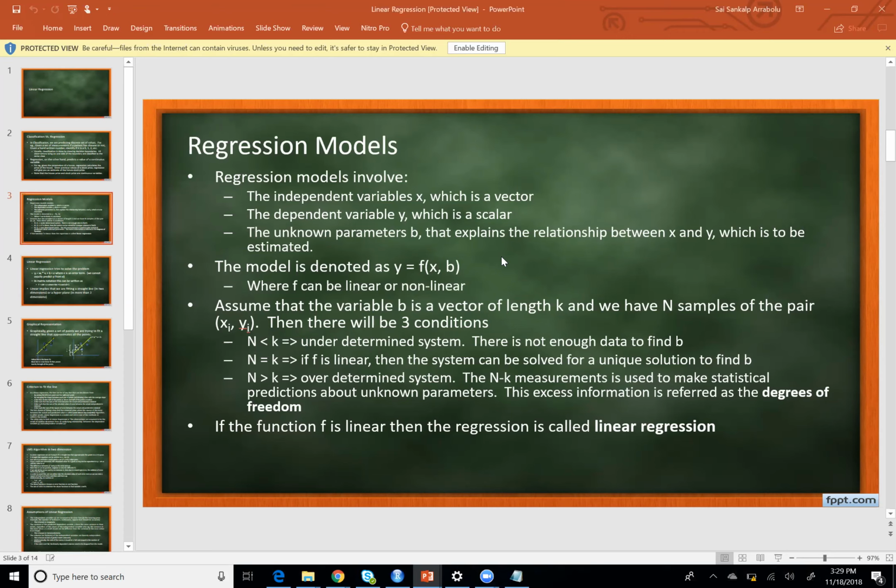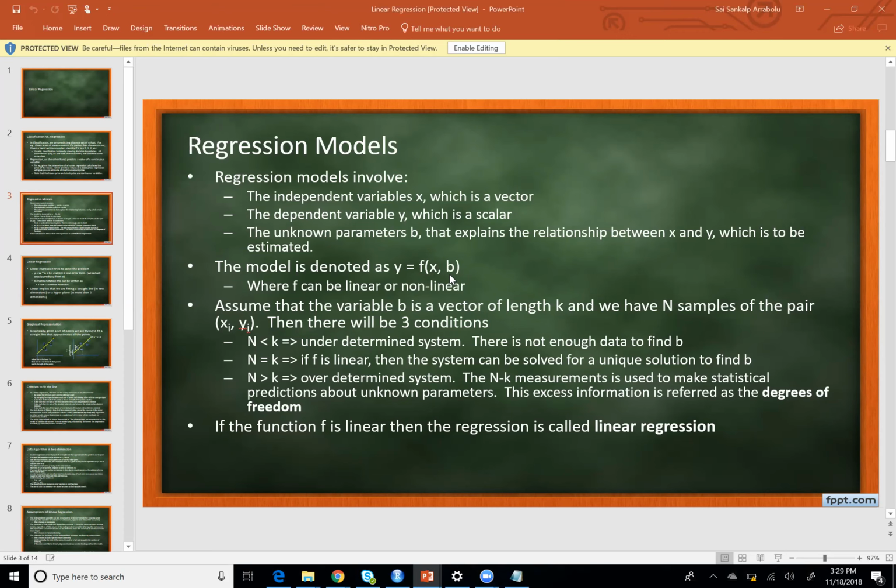Anything where x is raised to the power 2 or 3 becomes a non-linear function. So the whole regression modeling is framed into this equation, where y is a function f of x and b, where x is your independent variables vector and b is the set of variables you have to estimate such that it fits that particular model.